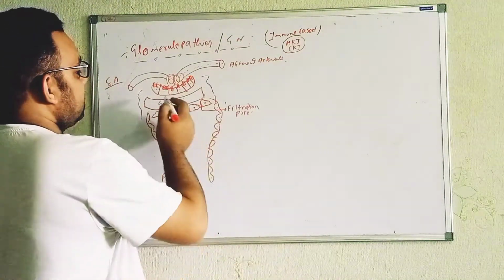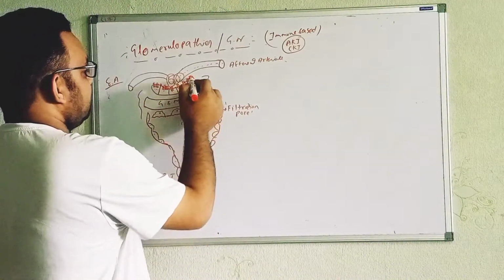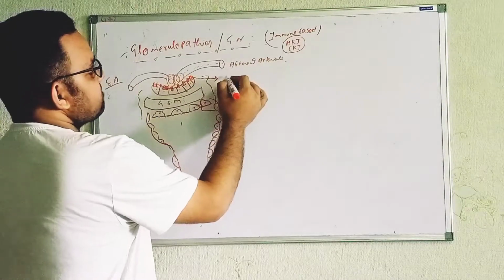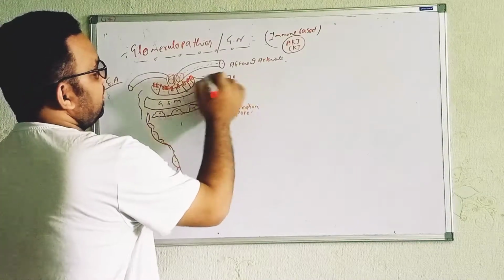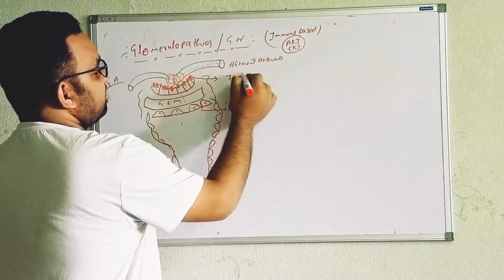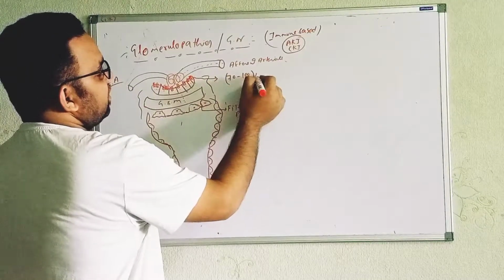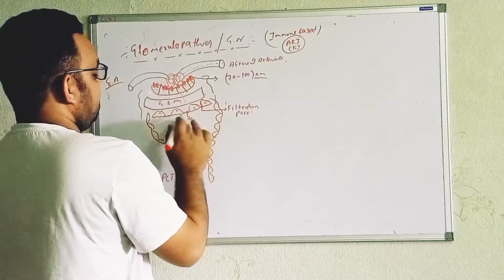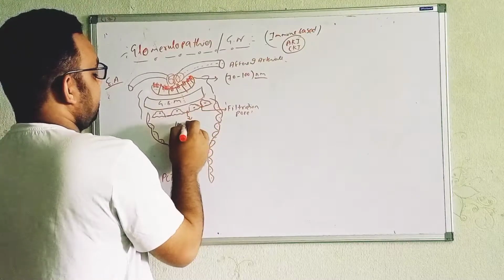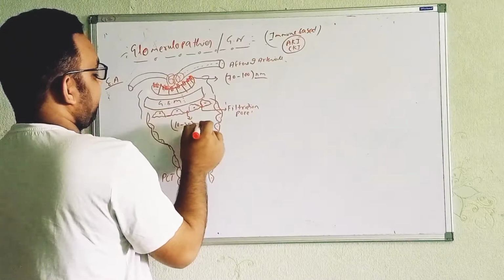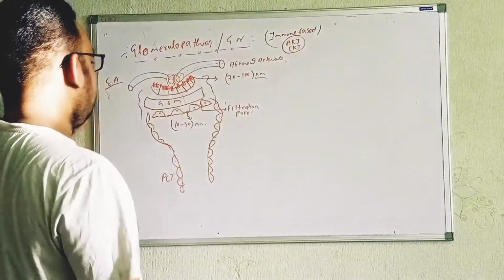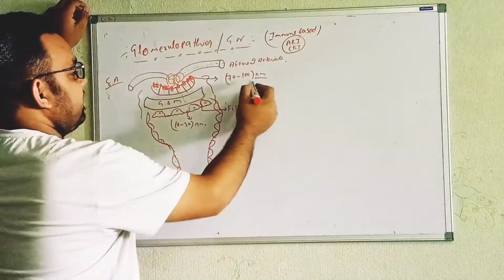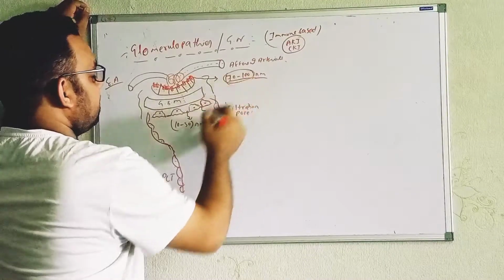We know that within these layers, these fenestrated capillaries have pores, and the size of the pores is about 70 to 100 nanometer, and here we will see the gaps, that is approximately 10 to 30 nanometer. Now just see that this gap is greater than this one.